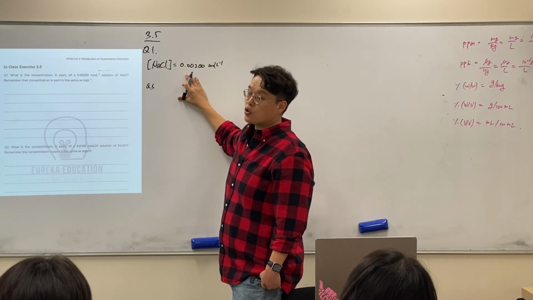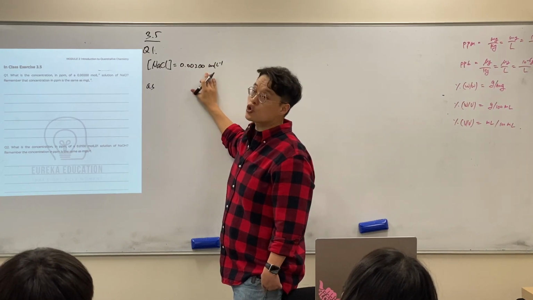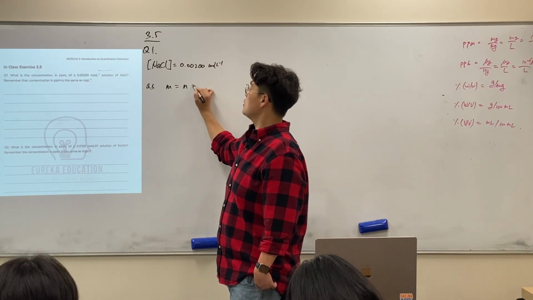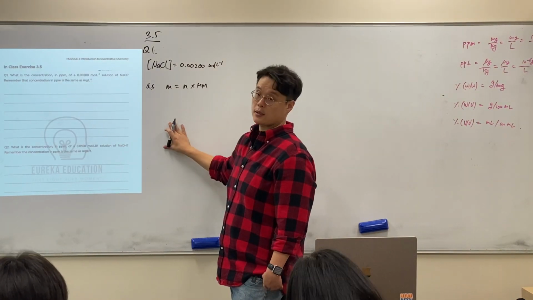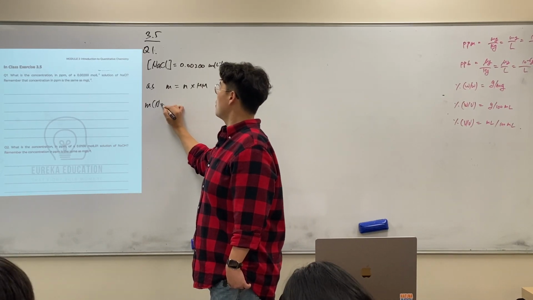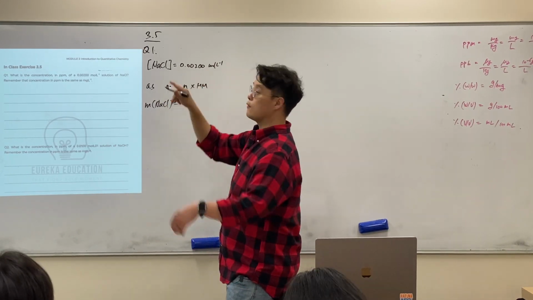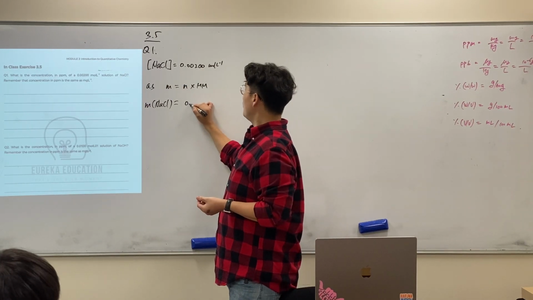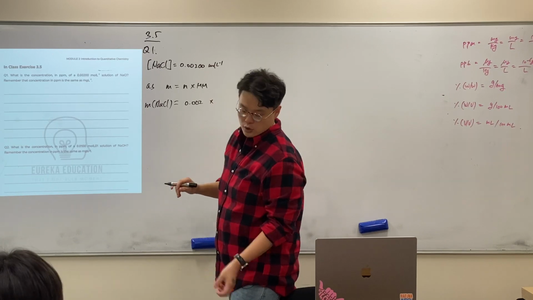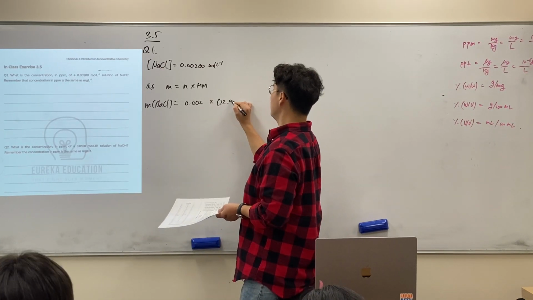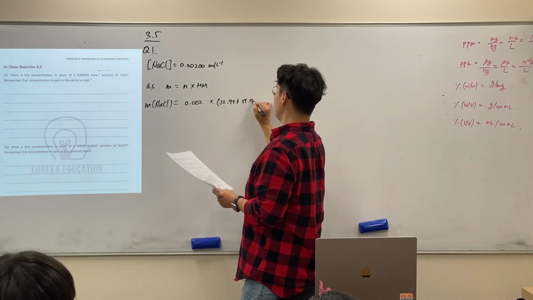So what we need to do is convert the moles into grams. So m equals n times the molar mass. That's what you need to do. The mass of the sodium chloride we can find from the given moles per liter. It would be 0.002 times the molar mass of sodium chloride, which is 22.99 plus 35.45.